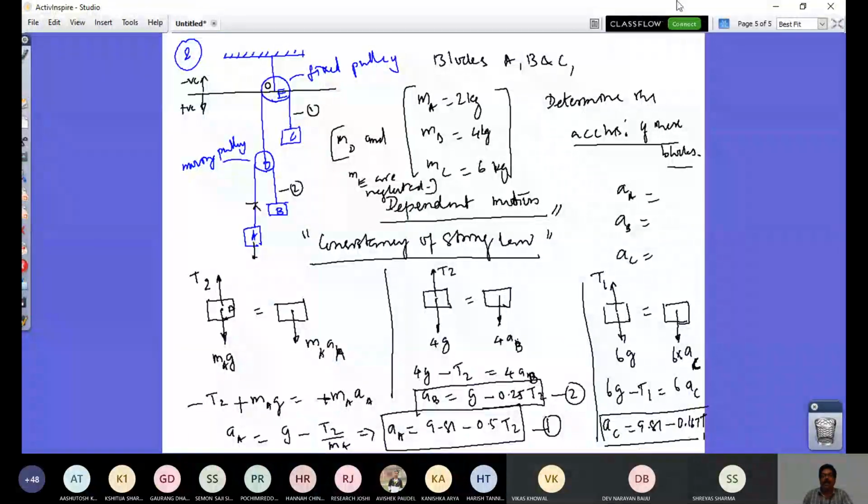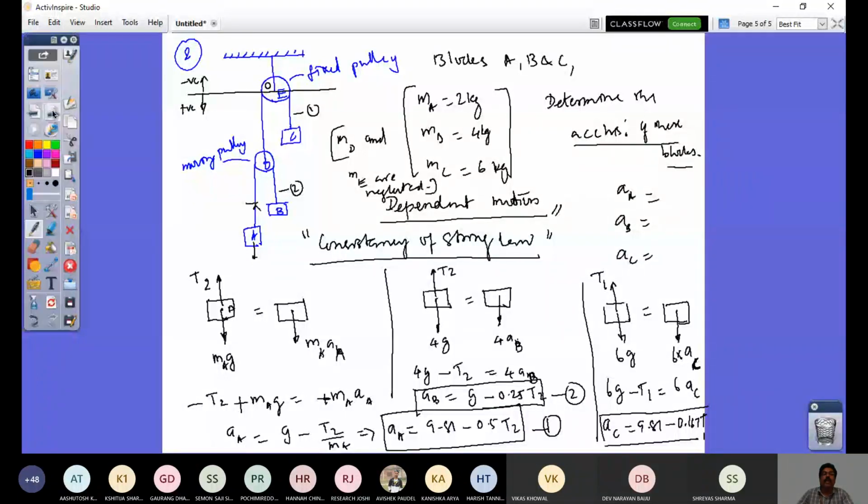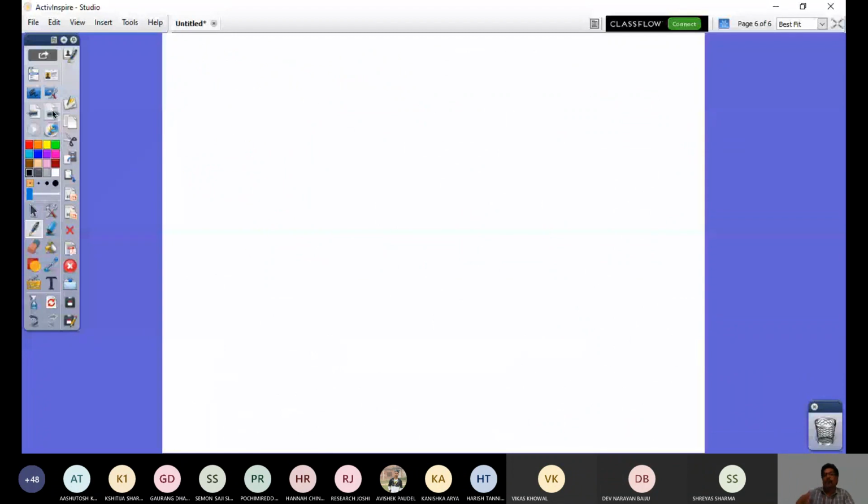Now how many unknowns do I have? Three accelerations and T1, T2, so 5 unknowns. But I have only 3 equations. So how do I go about solving? I have to solve for my tensions. For that, let me look at the free body diagram of D, which will relate T1 and T2. I consider the moving pulley.